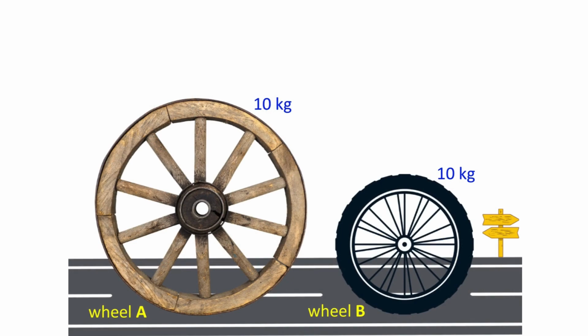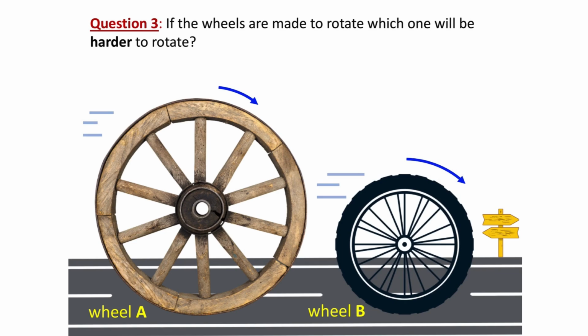Now, to better understand the concept of moment of inertia, consider two wheels A and B with 10 kilogram mass each. Question is, if the wheels are made to rotate, which one will be harder to rotate?